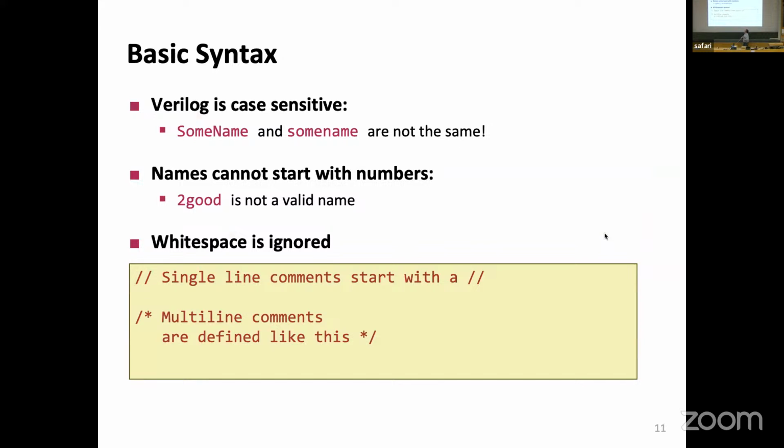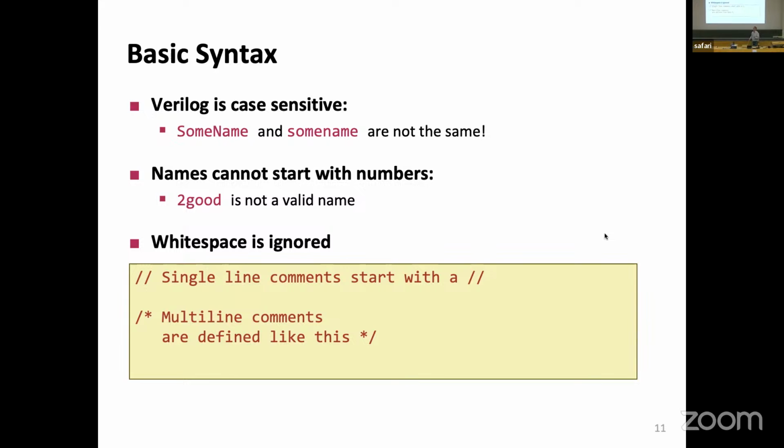It is good to develop a style and follow it. Don't try to force yourself into this. The names cannot start with a number. You can write C style and C++ style comments, with // or /* for multi-line comments.